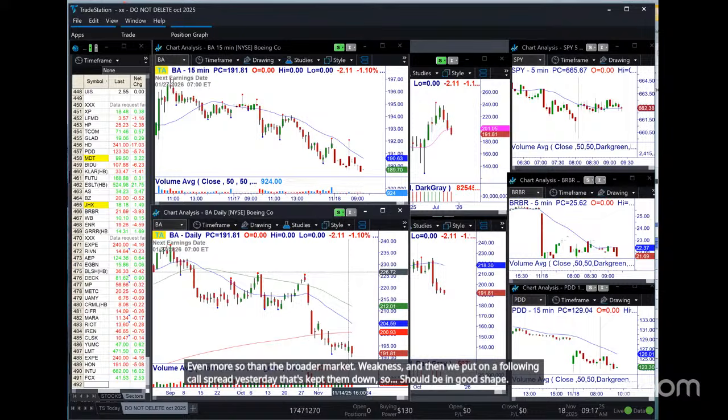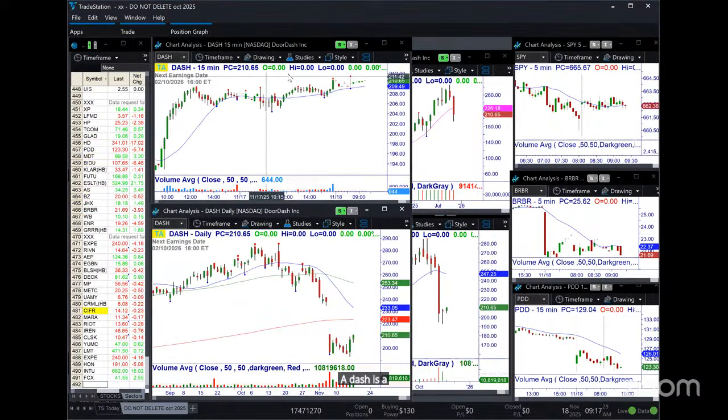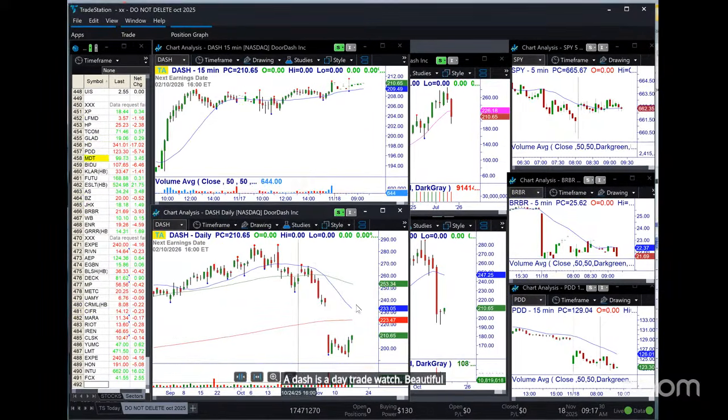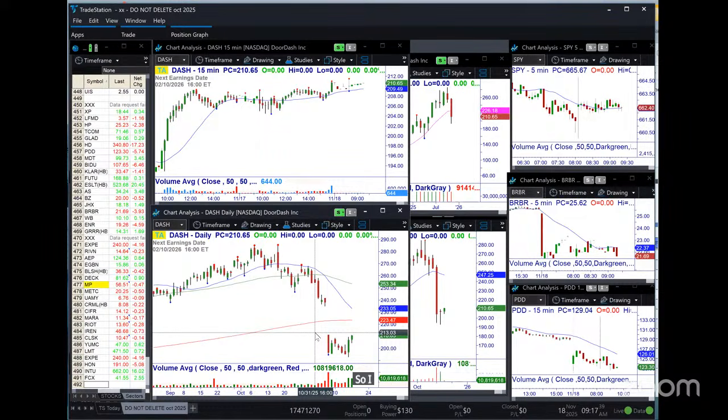DASH is a day trade watch. Beautiful 15 strength here. Amazing strength with the broader markets gapping down. So that's like a tier one day trade long, once we get a smaller time frame turn.